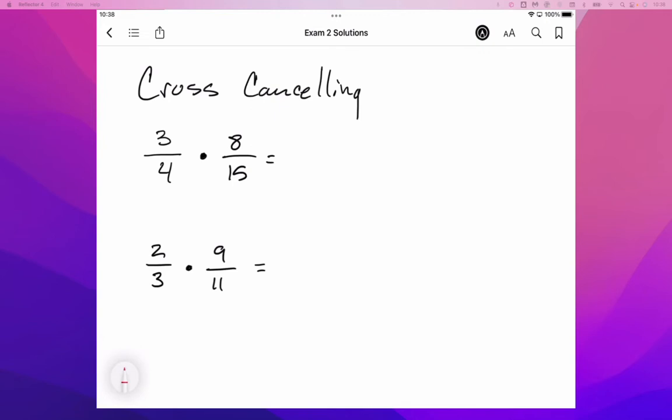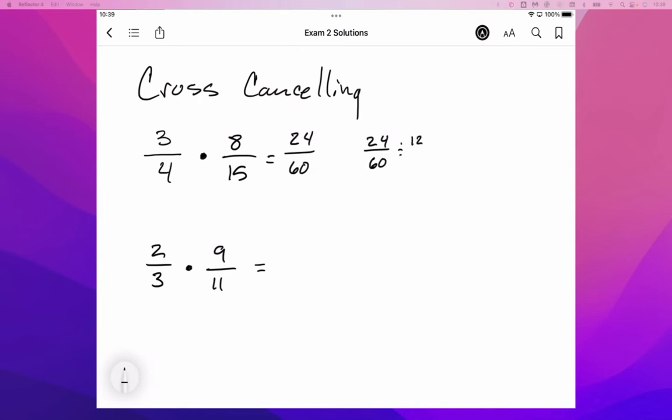The first would be to just multiply these like normal and say 3 times 8 is 24 and 4 times 15 is 60. And then, of course, we would need to simplify 24 over 60. And we could see that they are both even, or that they would be divisible by 2.